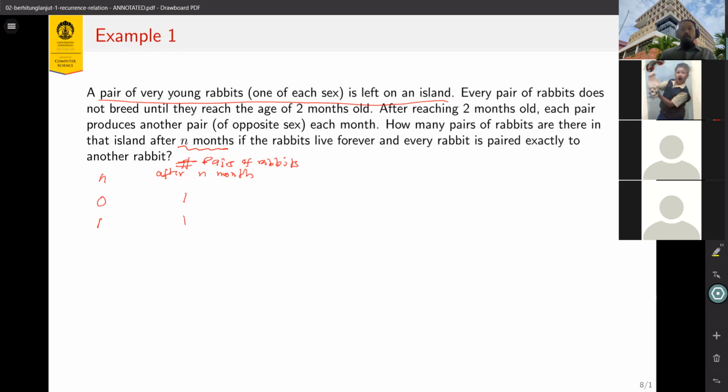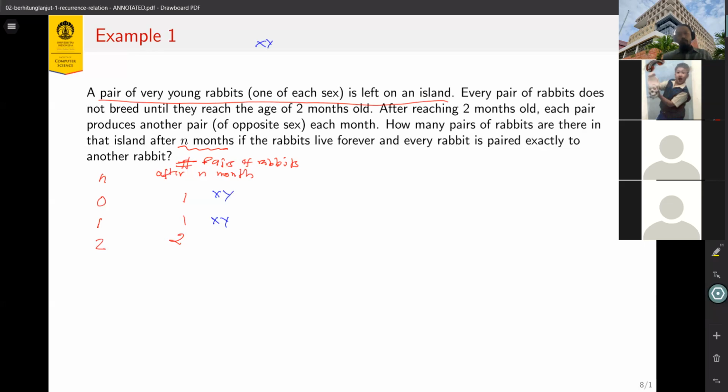Now after 2 months, how many pairs? What is it, Rafael? 2 pairs, correct. So let me note this down. Let's use xy as the pair. This is xy, this is xy.